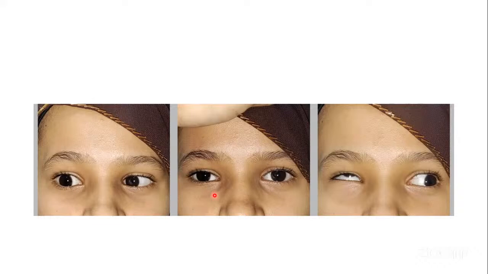Duane's retraction syndrome, normally, if it is not causing diplopia or much of a cosmetic difference, then we don't do anything unless the patient has a significant cosmetic deformity. Because there is a co-contraction of medial and lateral rectus, and the lateral rectus nucleus is not well formed, so it is a congenital abnormality.